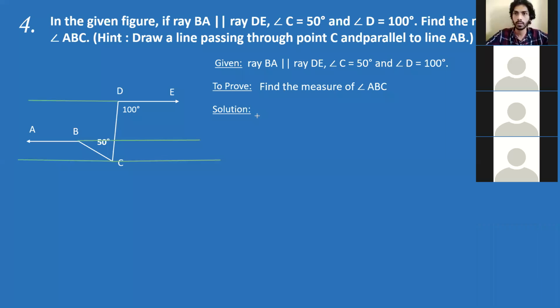Bhaiya, I put 80 degrees on the left side of 100 because in a linear pair the sum of angles is 180 degrees. So I put 180 minus 100, which means 80 degrees. So here you're saying you put 80 degrees. Yes. Okay, great.